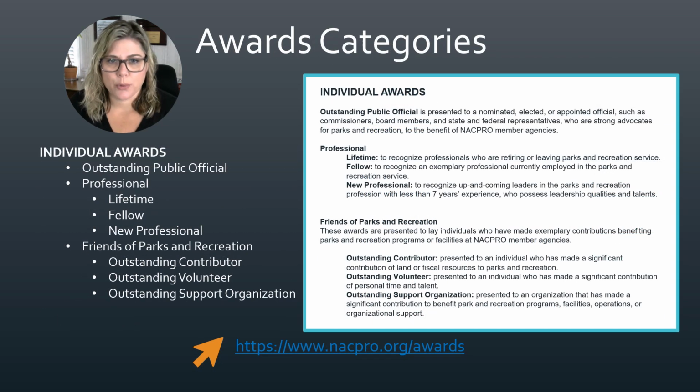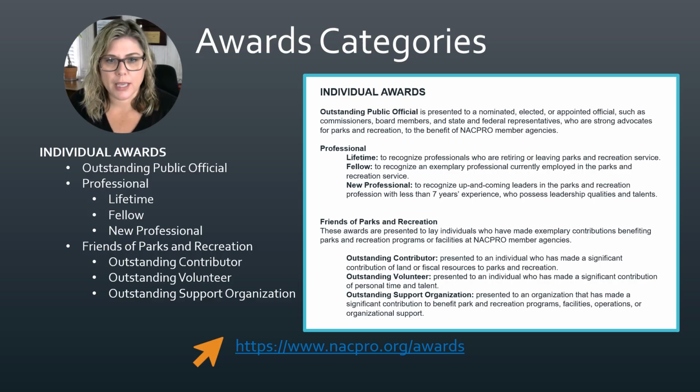Now let's do a quick review of those award categories, starting off with individual awards. There are several individual award categories, including Outstanding Public Official, Professional, and that includes a Lifetime Award, a Fellow, and a New Professional, and Friends of Parks and Recreation.